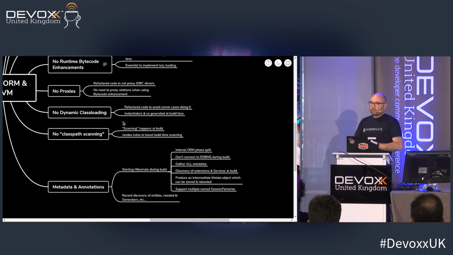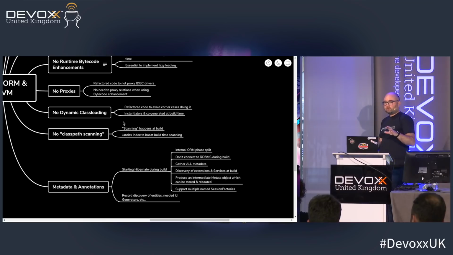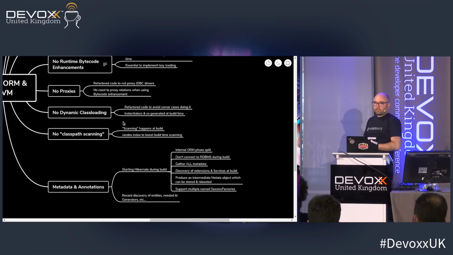For example, let's say we see that in your ID generations, you're never using the UUID strategy to generate IDs. That means that all the code that we have to generate UUIDs for IDs can be removed as well, right? Because all of this stuff, which is normally highly dynamic, happening during the boot, and which is what takes a long time to start an application in a server, can be done during the compilation phase.